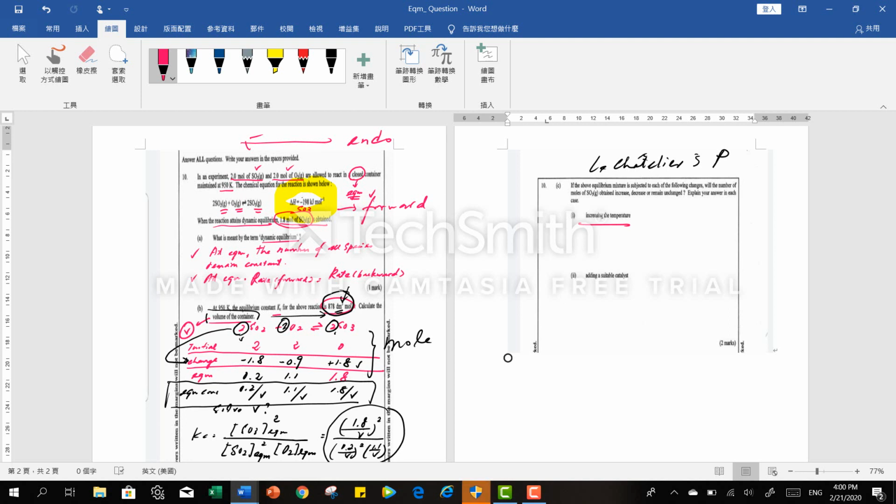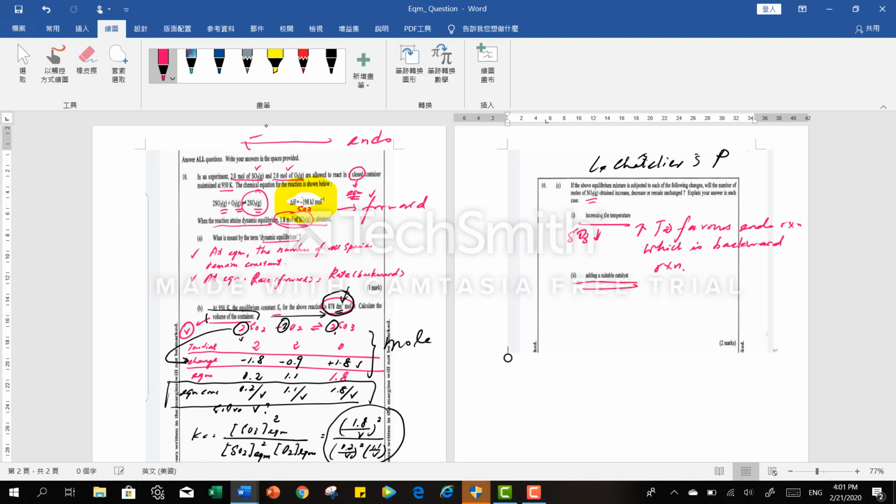It will favor the endothermic reaction, which is the backward. Okay, it will shift back to the left. So with the number of SO3, when it is shifting to the left, of course the amount of SO3 will decrease, right? Because an increase in temperature will favor the endothermic reaction, which is backward reaction, right? Because the forward is exo given by the delta H.